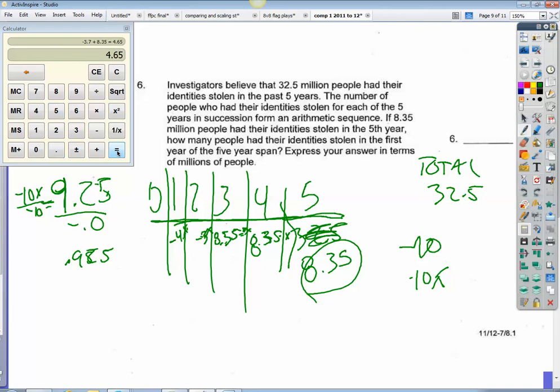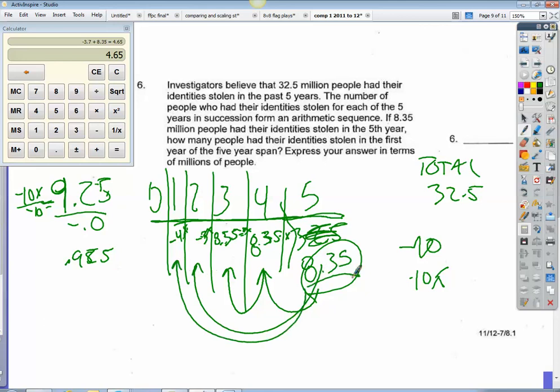So essentially what I did is, I don't know what the slope is. The slope is x. So if I subtract the slope from this, and I go over here, I'm going to have this amount minus my slope. Over here, I'm going to have this amount minus 2 of my slopes. Over here, this amount minus 3 of my slopes, and over here is this original amount minus 4 slopes. And so if I add all of these together, it's going to equal that.